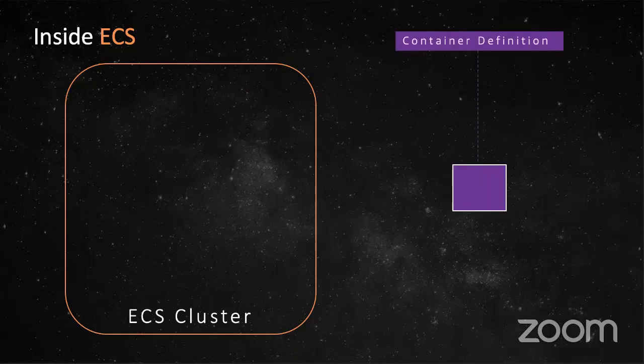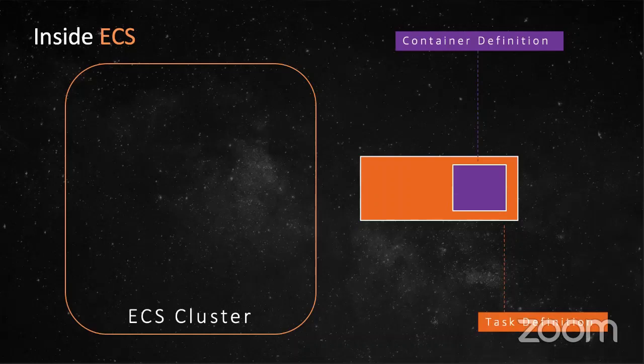Or where is that image exists. So here you define all the details about the container and its image, which port to open, and all of that. So this is what the container definition defines. So this is just a JSON file. You just have to update that with the right image and the port number.